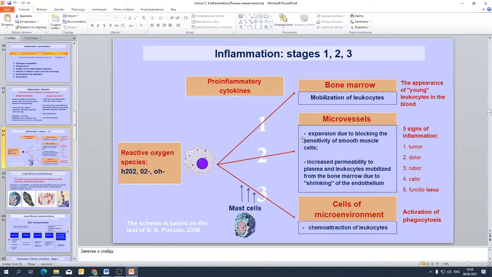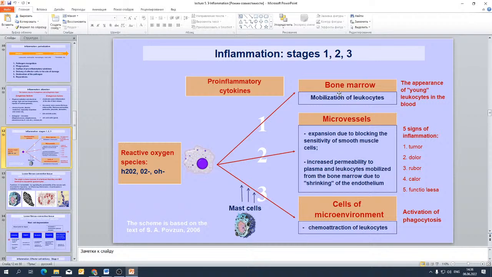Then the second address is the microvessels. Through expansion, or due to blocking the sensitivity of smooth muscle cells, they extend and increase permeability to plasma, and leukocytes mobilized from the bone marrow leave due to shrinking of the endothelium.